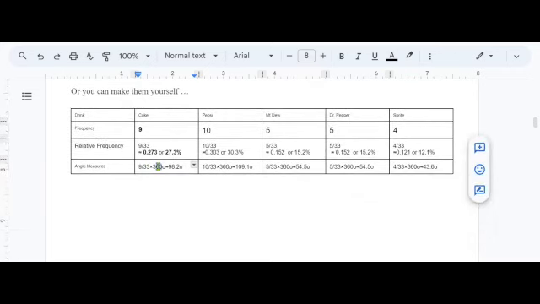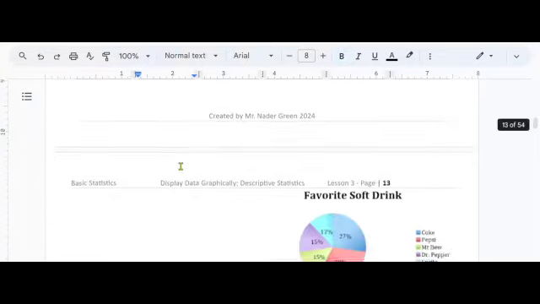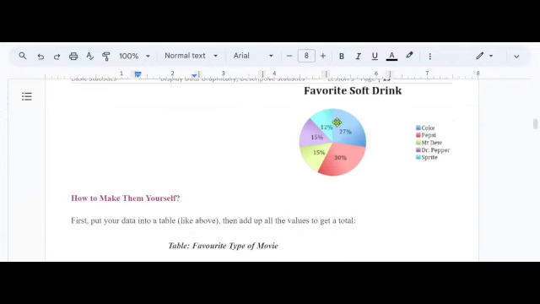Why 360? Because the circle measurement is 360. Is this clear? Now the angle is going to be 98. So when you go and graph it, it's going to be something like this.